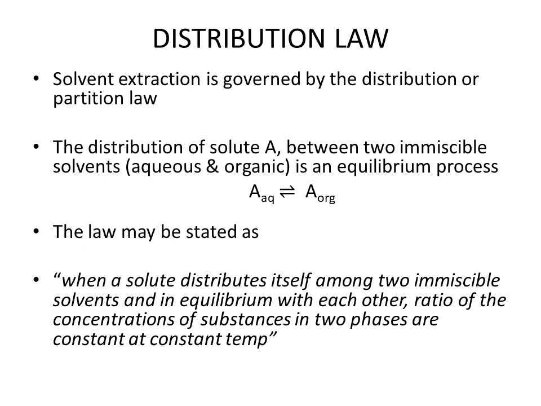So this distribution law may be stated as: when a solute distributes itself among two immiscible solvents which are in equilibrium with each other, the ratio of the concentration of the substance in the two phases is constant at constant temperature.